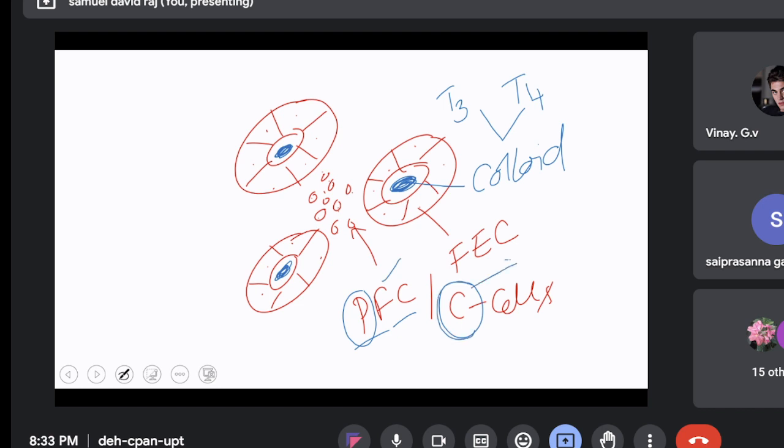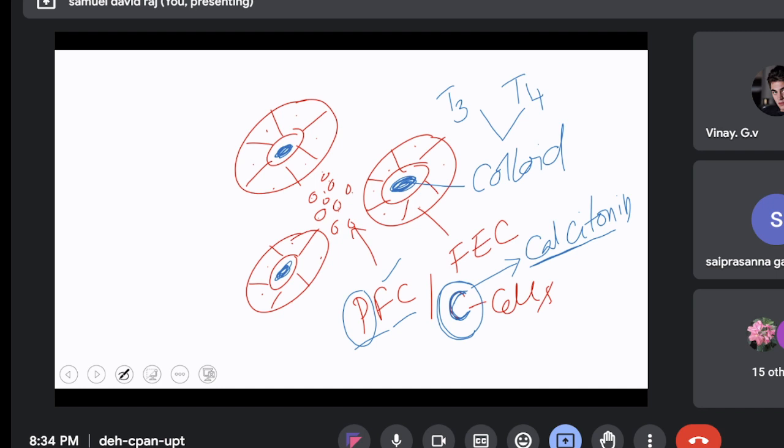Here, C refers to their action with respect to calcium regulation. These C cells secrete a hormone called calcitonin. Hence, they are called C for calcitonin cells.